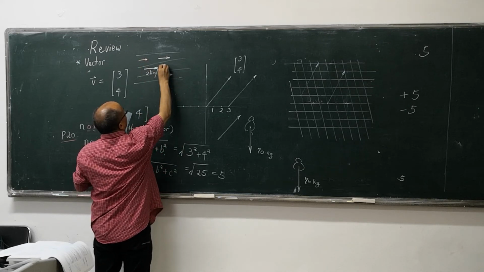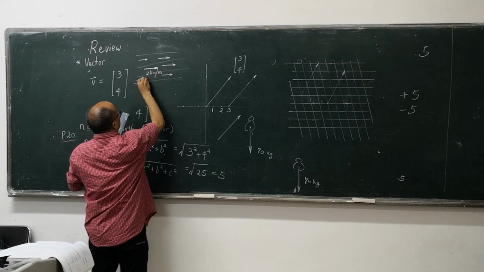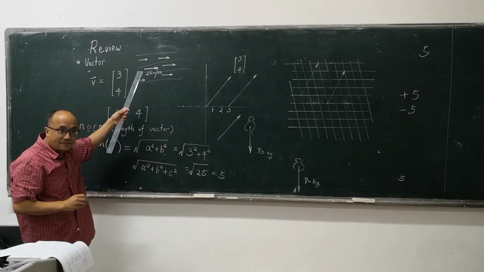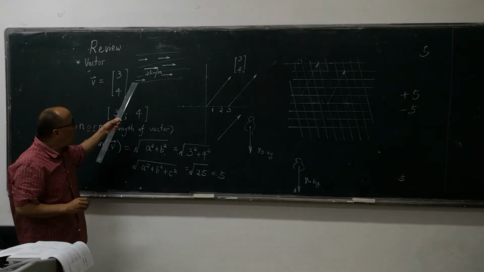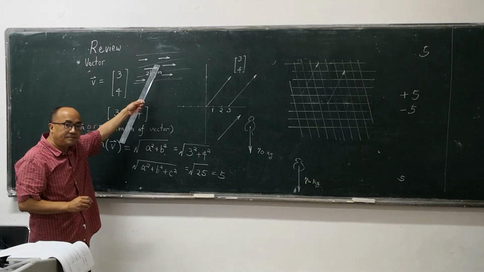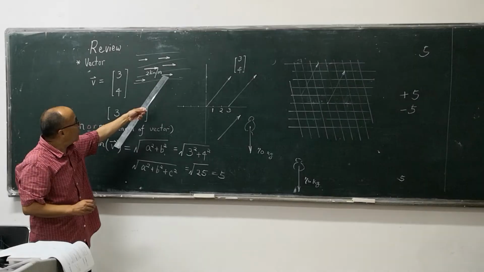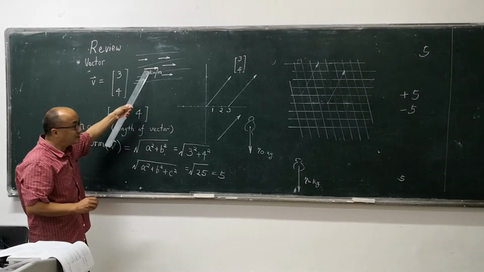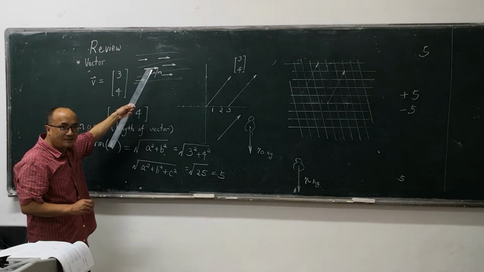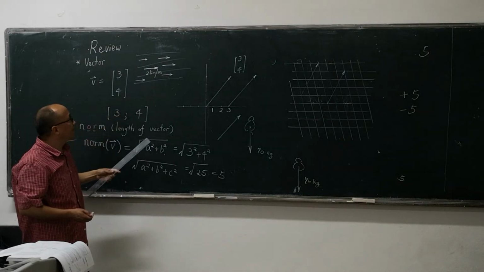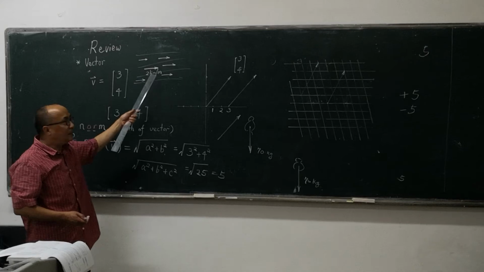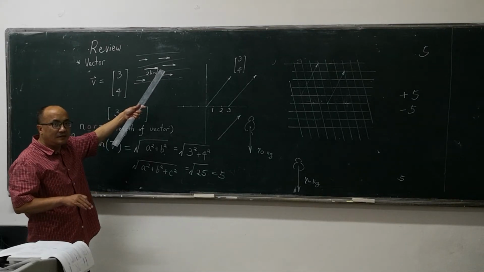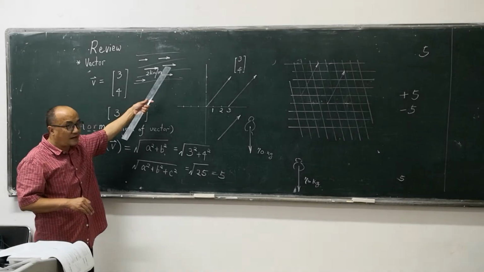All these vectors are the same. You cannot say, oh, this is downstream, this is upstream. Doesn't matter. If they are the same speed, then they are the same.